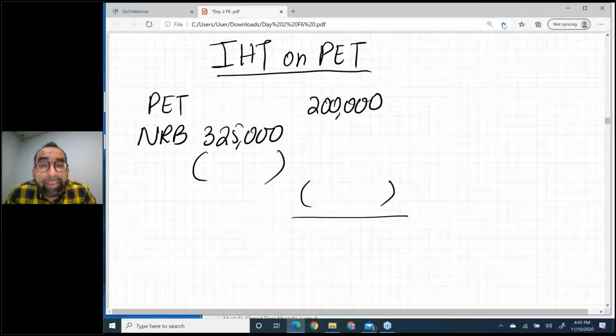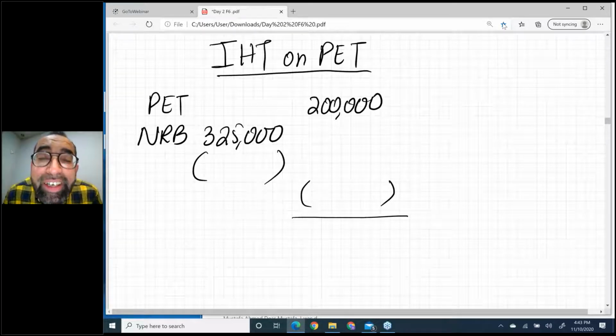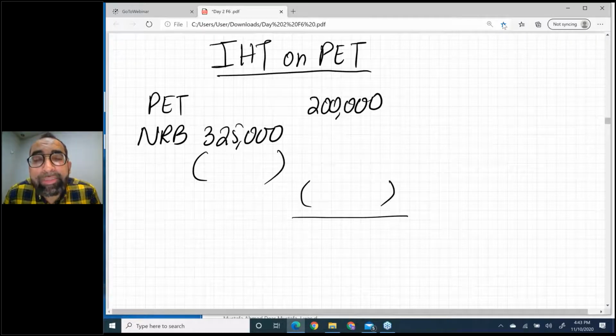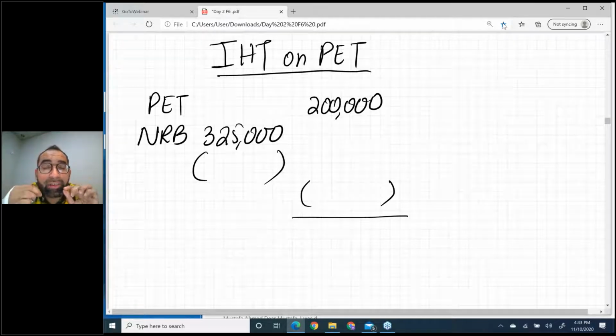Yes, 7 years back there is a big giant CLT for which you just did the calculation. So that CLT definitely consumes the NRB. So what is the law? I'm using the wordings of law. In the last 7 years, did you calculate tax on any gift?